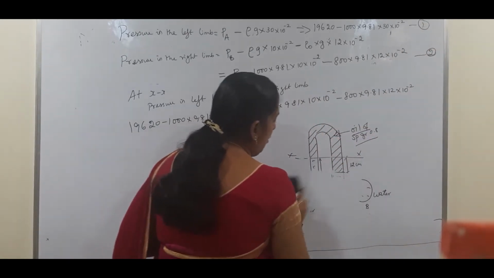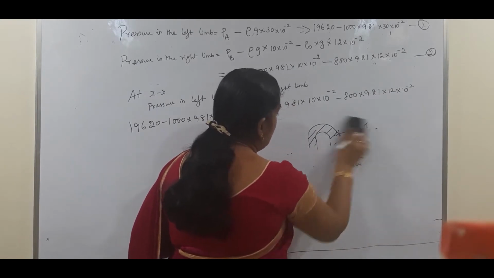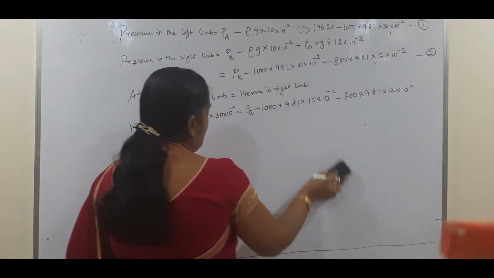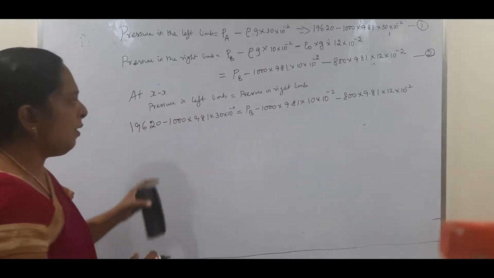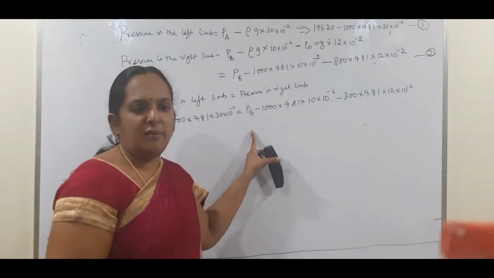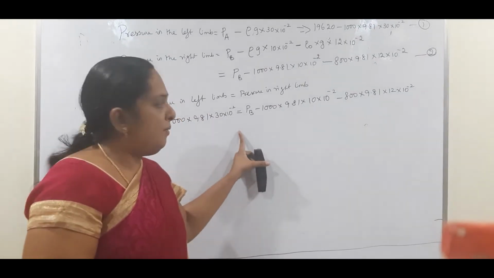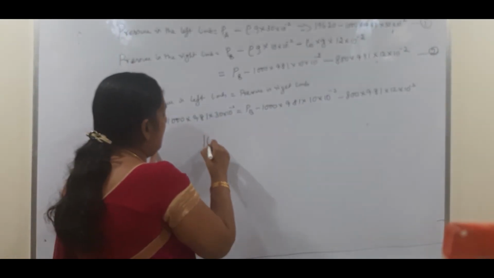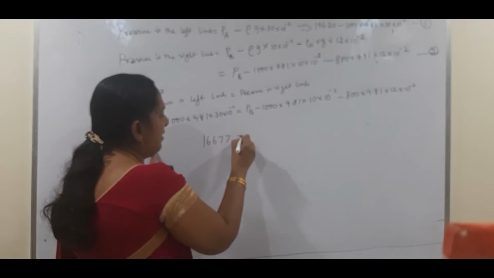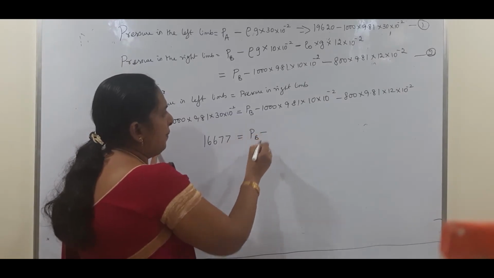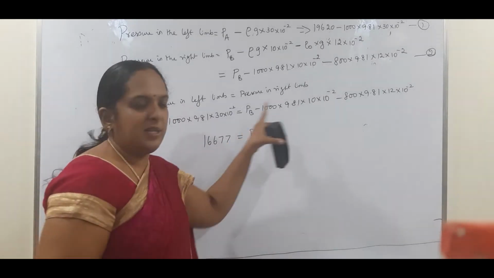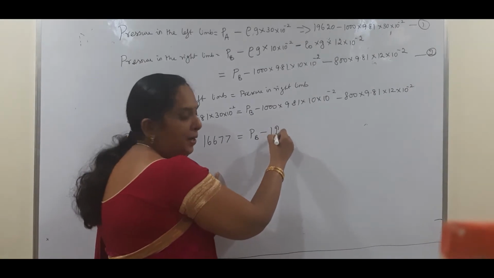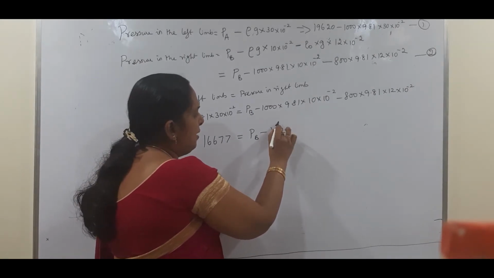Now you solve this equation, and you will be able to find out the pressure at B. First we solve this side. So we are getting 16,677 is equal to PB minus 1922.76.